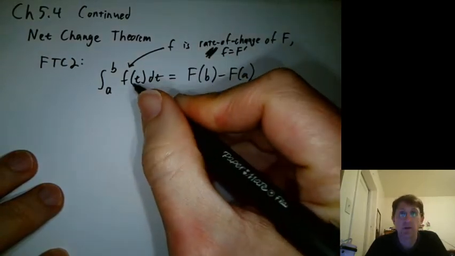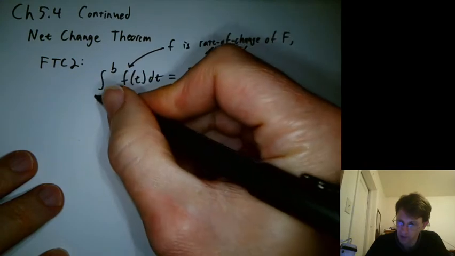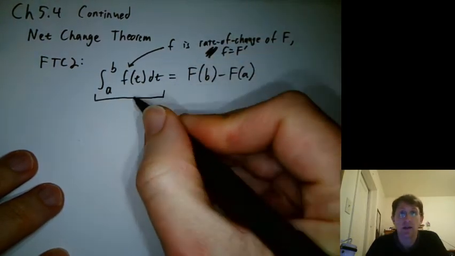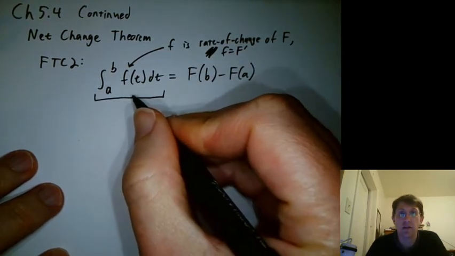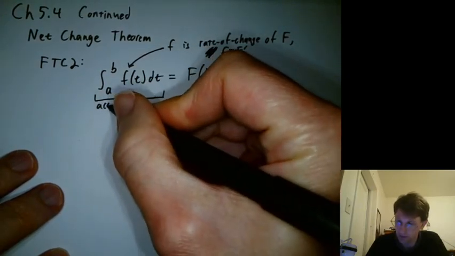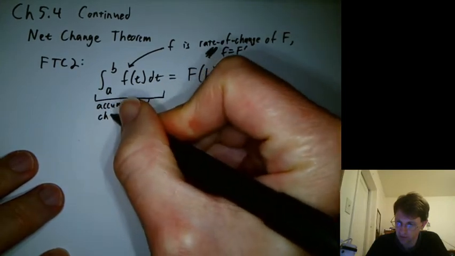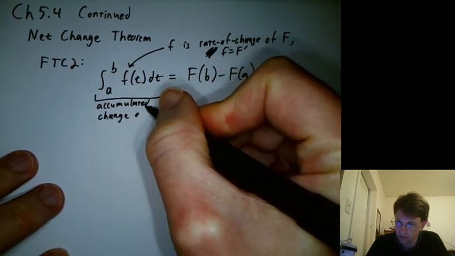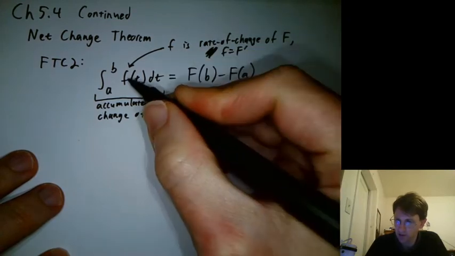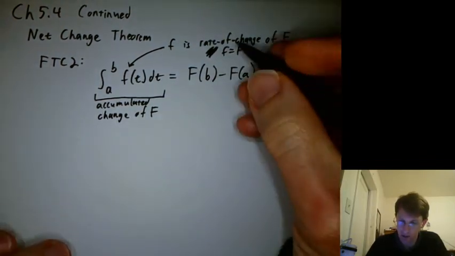So you could write this with a big F prime there instead of little f. So this, we could say, is the accumulated change of big F. Little f is the rate of change, and we're accumulating all those little changes.